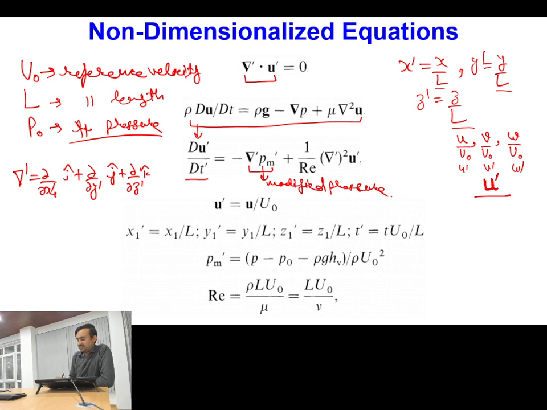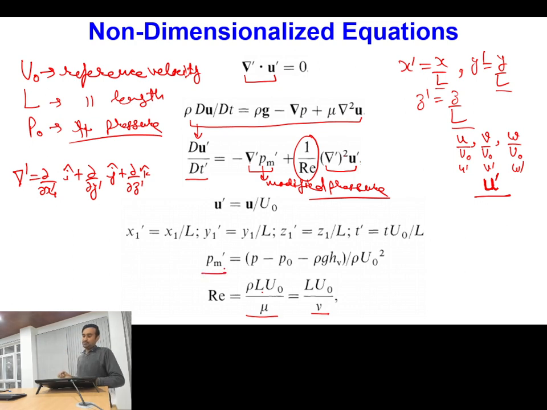This is a dimensionless pressure, and this is a modified pressure. And with the viscous term, we get one term which is 1 by Reynolds number, where the Reynolds number is equal to rho L u naught by mu, and this mu by rho you can write. Is this point clear? So this is my non-dimensional form of the momentum equation.